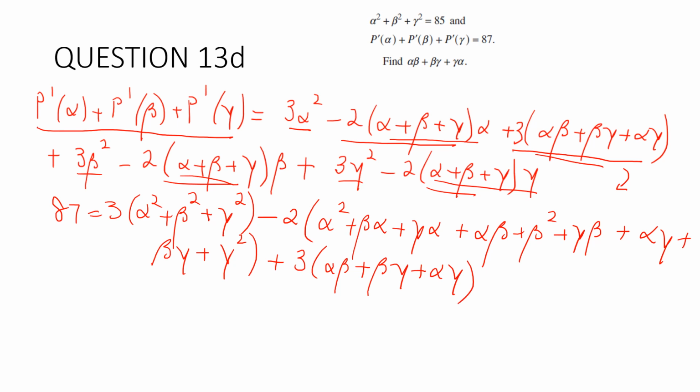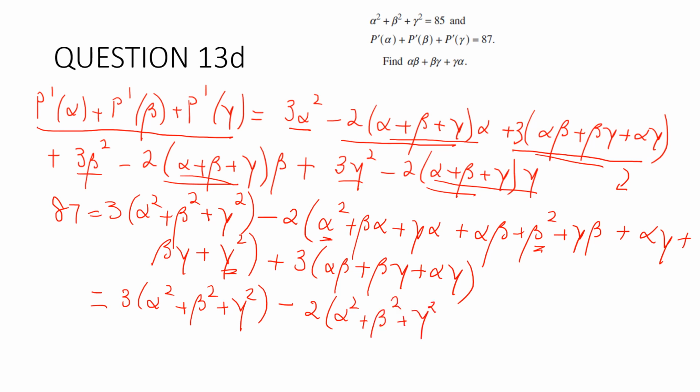equals, alright, so 3 lots of alpha squared plus beta squared plus gamma squared. Take away, I've got 2 lots of this, do you see that? 2 lots of alpha squared plus beta squared plus gamma squared. And then inside these brackets, I'll get 2 lots of each of these pairs.